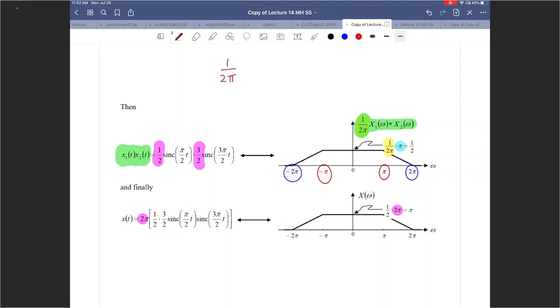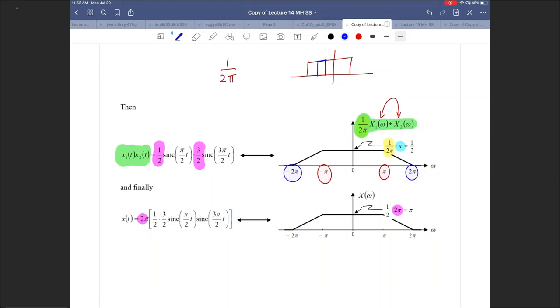Now I need to look at the convolution between those two rectangles and the maximum convolution result, right? Because I'm going for the height of the trapezoid. So that's going to happen when the narrower rectangle is completely inside the wider rectangle.